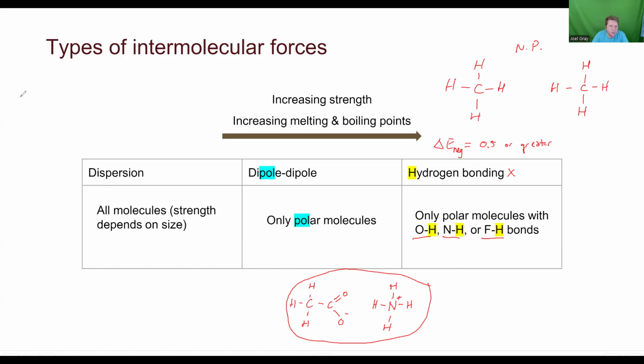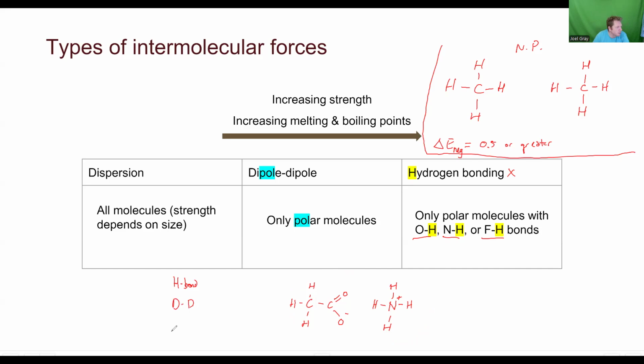Okay. So now I'm going to go back. I'll leave the structures for my molecules from my other example up here. But now I'm going to go down to the bottom of my slide, and I'm going to be focusing on these two molecules. I'm going to give myself H bond, D, D, and DISP.